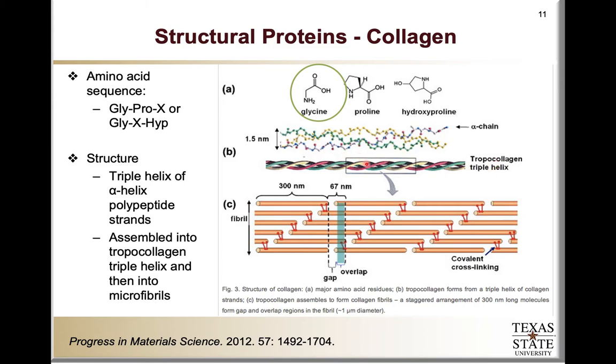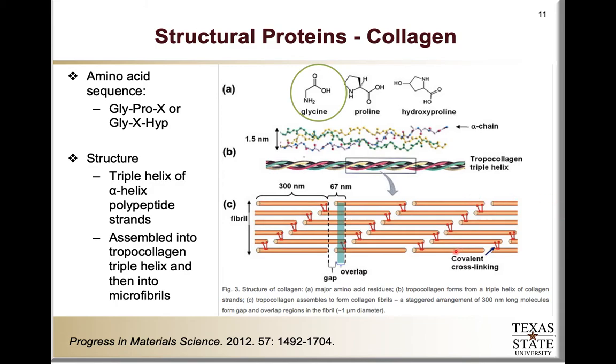Then those tropocollagen macromolecules now assemble into strands that are about 300 nanometers in length and are separated by about 40 nanometer gaps. The strands are organized into a staggered array as is shown here, and they form collagen fibrils that are about 1 micrometer in diameter but can be tens of micrometers in length.